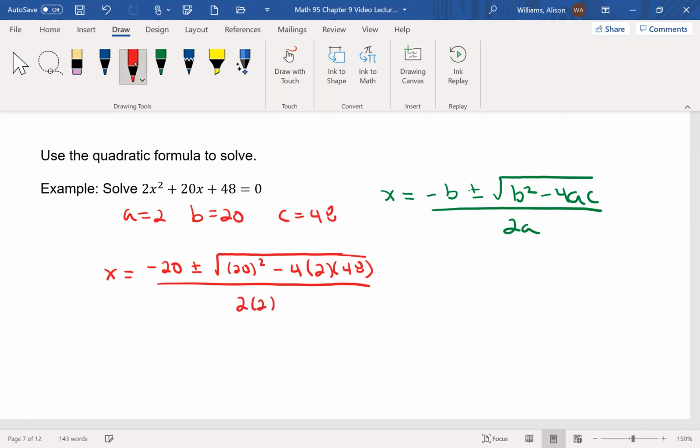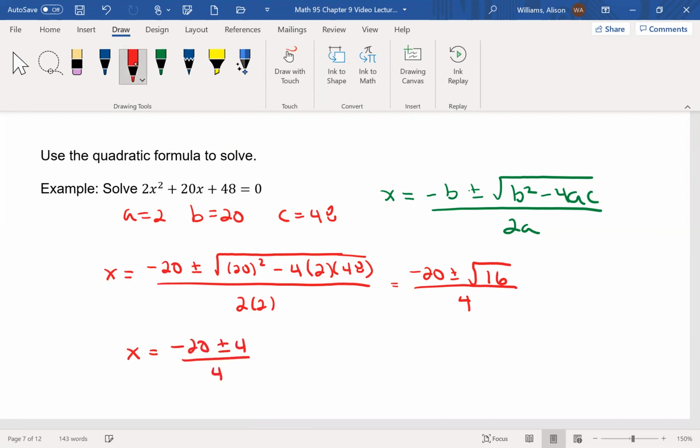Okay, so what I'm going to do is simplify what's under the square root. So 20 squared minus 4 times 2 times 48 is going to come out to 16. I didn't need this giant square root there. A little square root will do, all over 4. Well, that's nice. 16 actually evaluates nicely. The square root of 16 is 4.